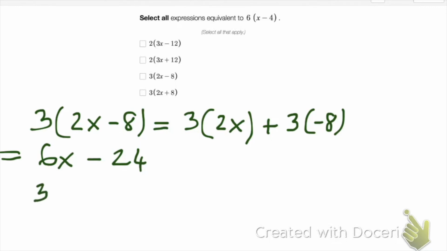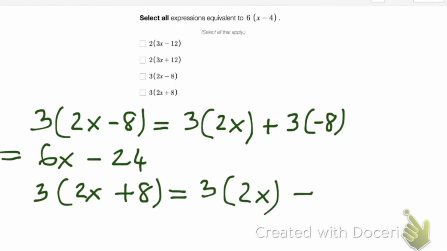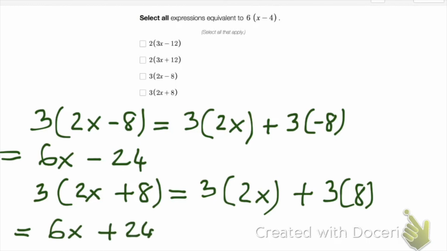The next one is 3 times 2x plus a, which is 3 times 2x plus 3 times a, and that equals 6x plus 24. So we pick the third one and we eliminate the last one.